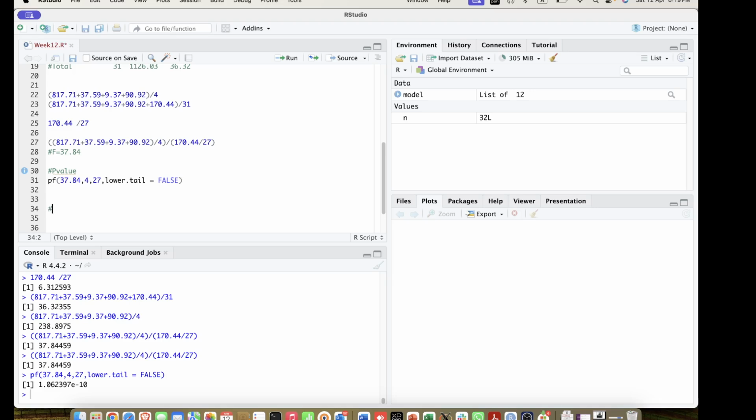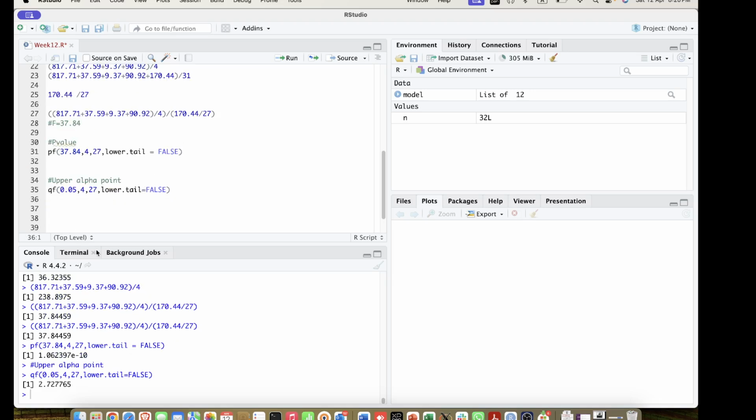And if I want the upper alpha point, then that is given by qf of 0.05, 4, 27, and lower.tail equal to FALSE.